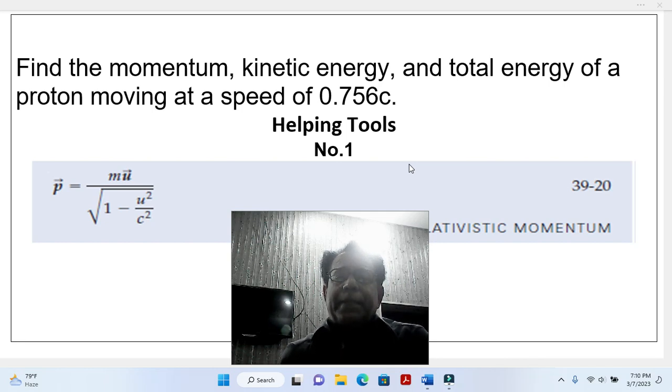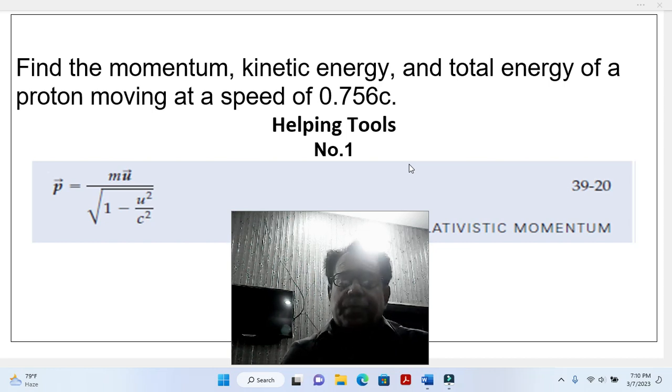Its statement is: find the momentum, kinetic energy and total energy of a proton moving at a speed of 0.756 c, c meaning speed of light.